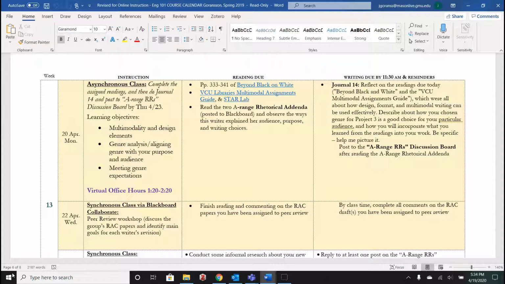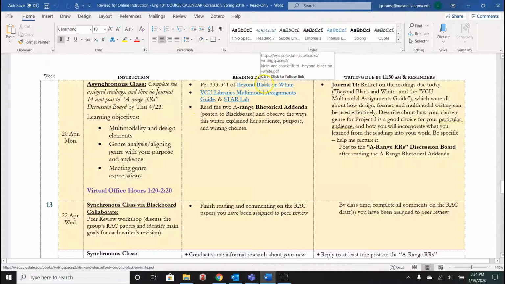So as you're reading the readings for Monday's asynchronous class, you're going to see that they all have to do with that. Like, how do you design a pamphlet? What are some principles that you want to keep in mind? There's 3 readings, but they're all web pages, so they should be pretty quick.